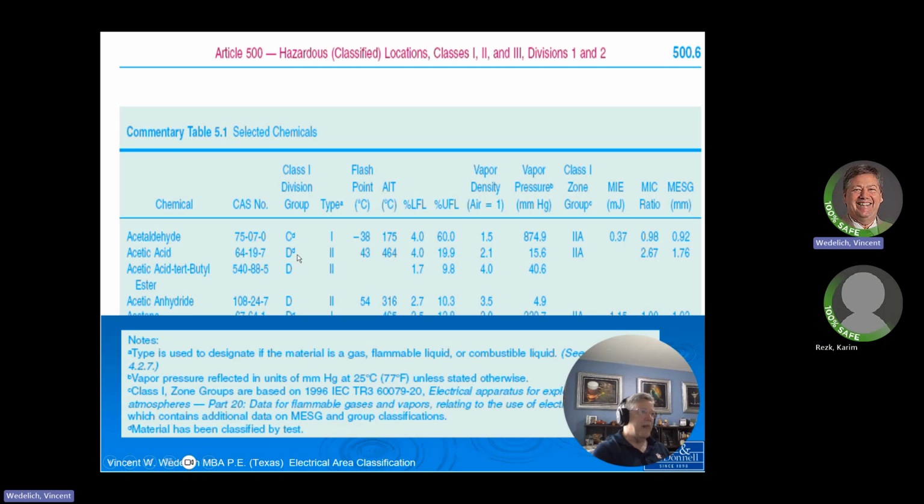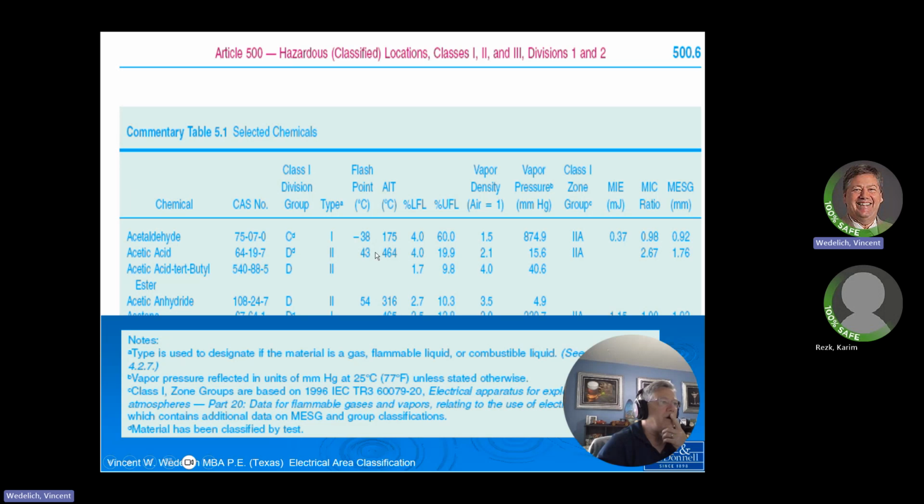Type one, type two, it seems kind of goofy here. Why does it say type one, type two? Acid. Oh, it's not a dust. Oh, okay. Yeah, that's true. Type is used to designate if the material is a gas, flammable liquid, or a combustible liquid. Okay. So it's telling you that.